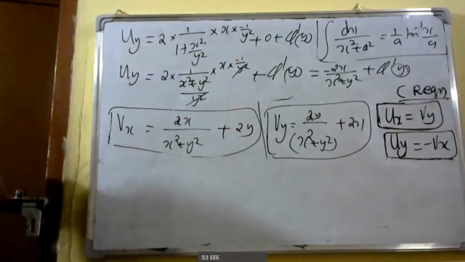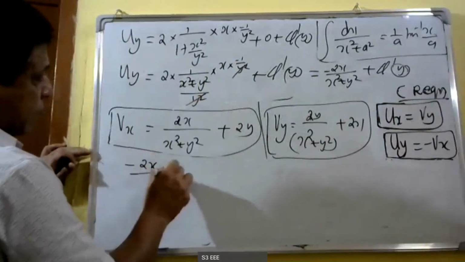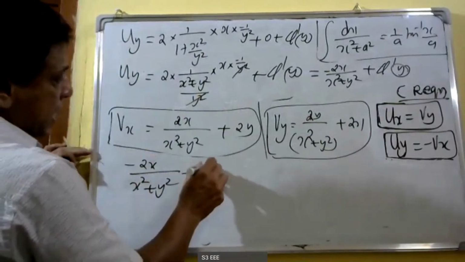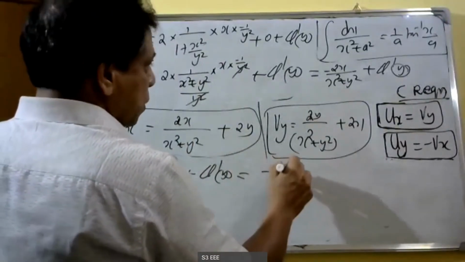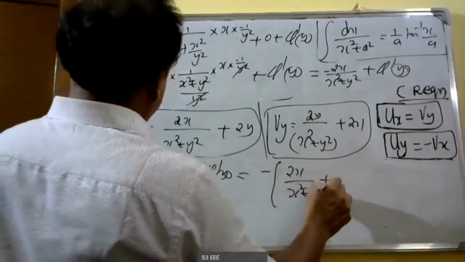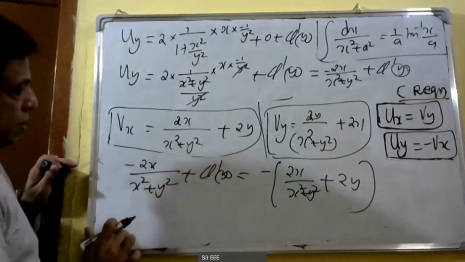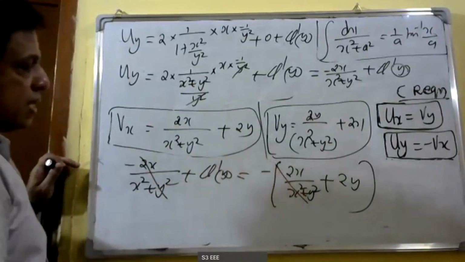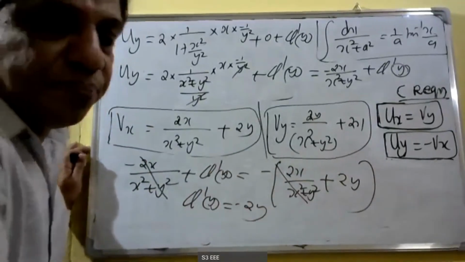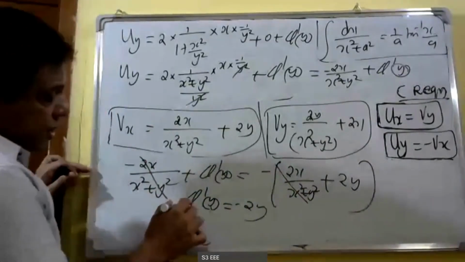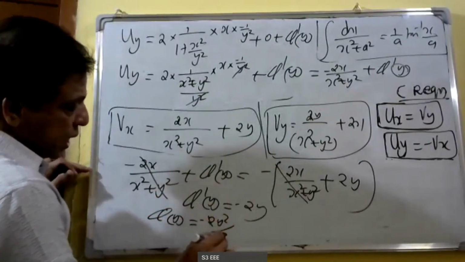Then we use the second Cauchy-Riemann equation, uy = −vx. uy = −2x/(x² + y²) + φ'(y), and −vx = −[2x/(x² + y²) + 2y]. The 2x/(x² + y²) terms cancel. Therefore, φ'(y) = −2y. Integrating, φ(y) = −2y²/2 + c.